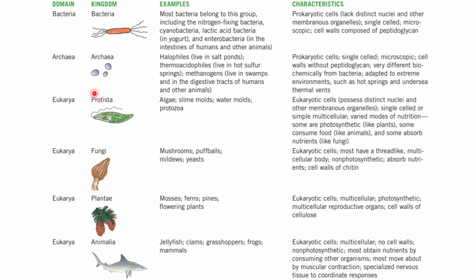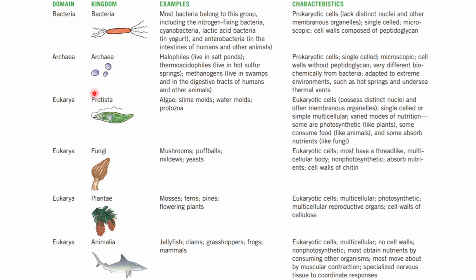In 1969, Whittaker proposed a five-kingdom classification: Monera, Protista, Plantae, Fungi, and Animalia, based mainly on cell structure and the ways that organisms obtain nutrition from their environment.